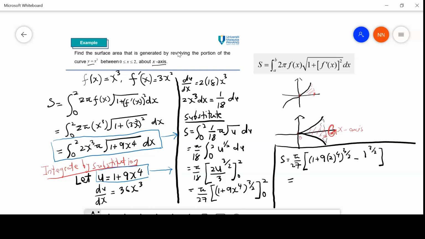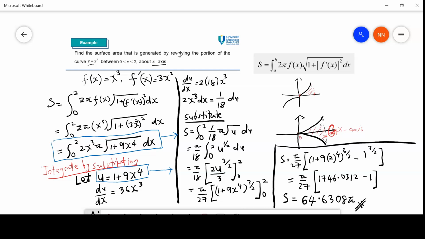So if you simplify this, you should get pi over 27. So the term inside here will give you 17,465.0312, and then minus 1. And then you simplify here, you should get 64.6308 pi. So this is our solution.